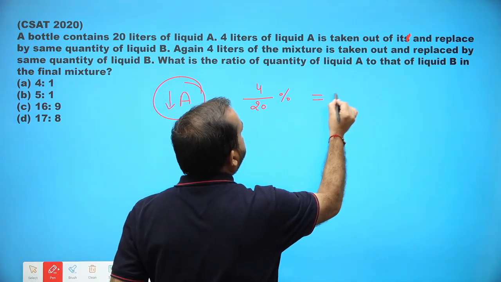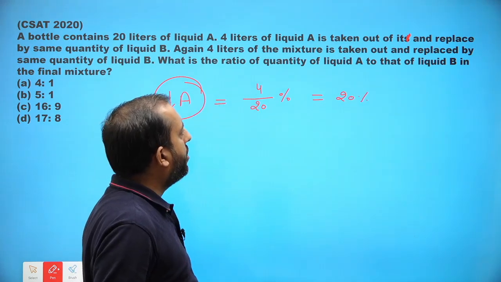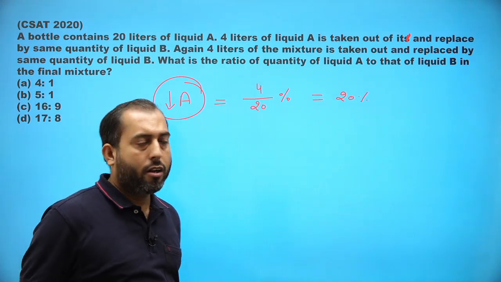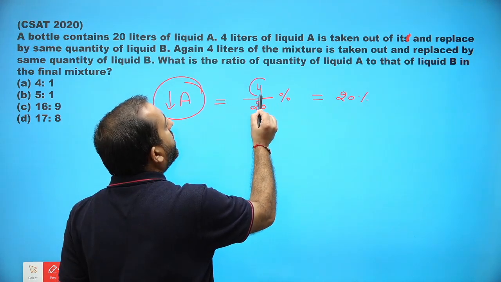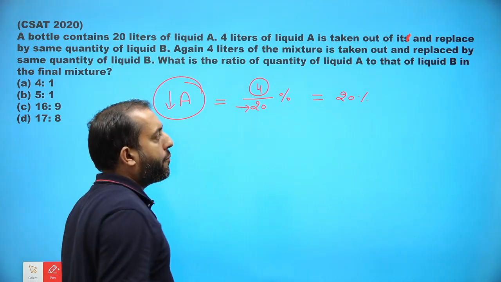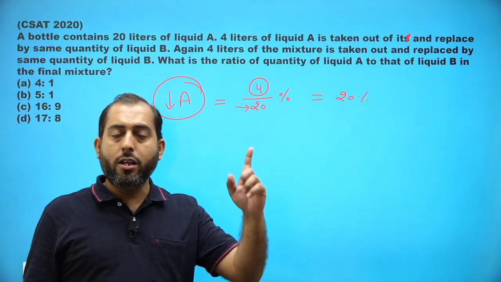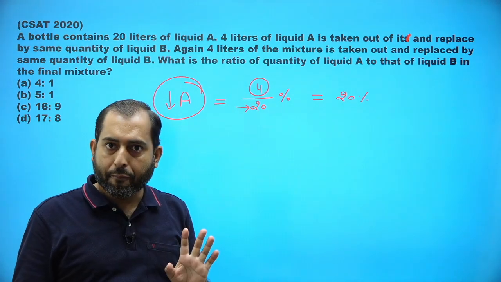The percentage decrease in liquid A is 20%, because 4 is the quantity taken out at a time and the total quantity was 20. So in one replacement, there is a decrease of 20% in liquid A.